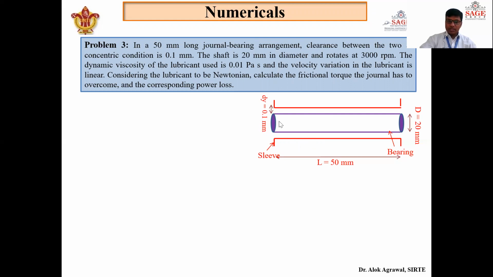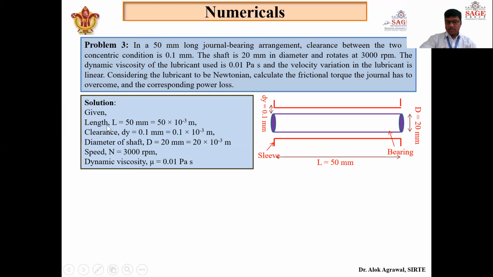The length of the bearing is 50 mm. From here we get that the clearance, which is dy, is 0.1 mm, and the oil used in between these two has a viscosity of 0.01 Newton second per meter square. With this arrangement we have to calculate the torque.